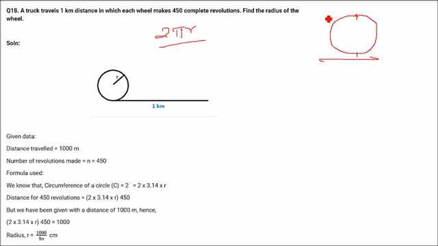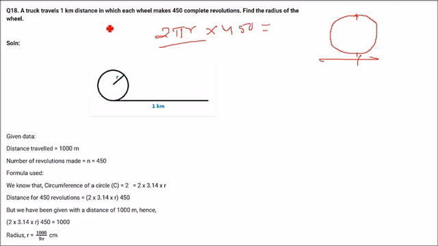This is the total boundary, or the circumference. If this is the ground, the wheel will go up and come down. So for one complete circle, 2 pi r is the size. So you can say 2 pi r into 450 is the complete revolutions, and this is equal to the distance traveled, 1 kilometer.